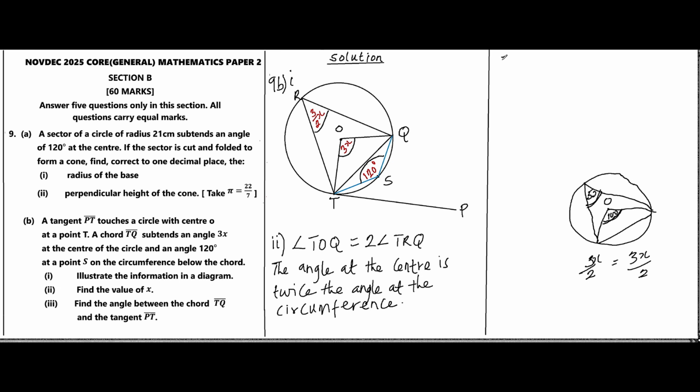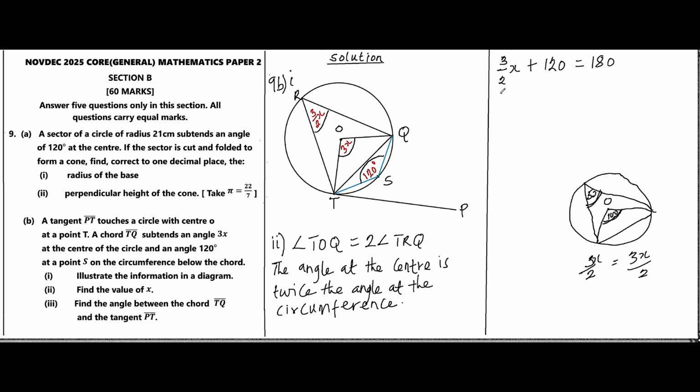That is 3 on 2x plus 120 must be equal to 180 degrees.